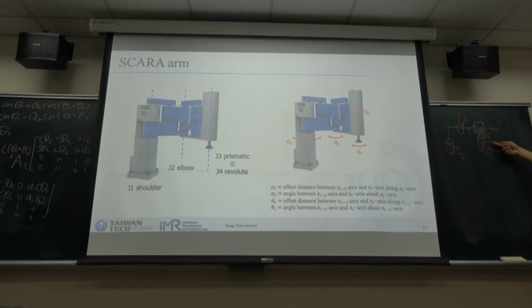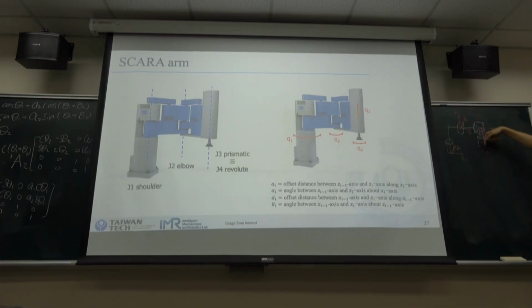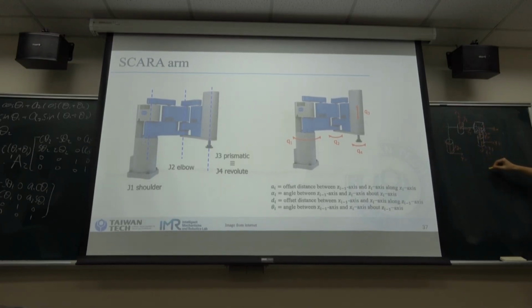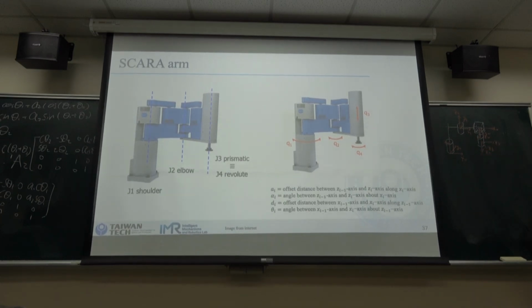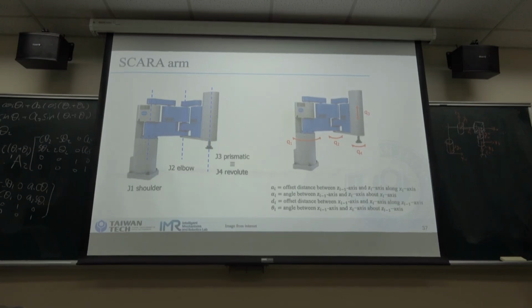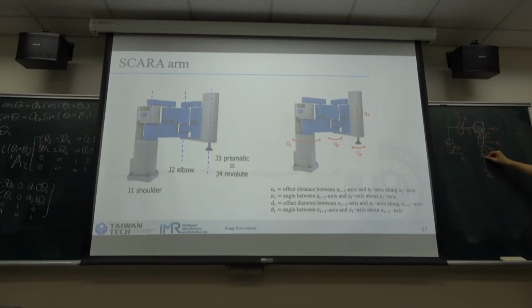And we check whether x3 intersects with z2. So you can extend z2, this is the line, and it intersects with x3. And the last one will be the end effector frame. So maybe we set it here. So this is Z4, and we just copy it.